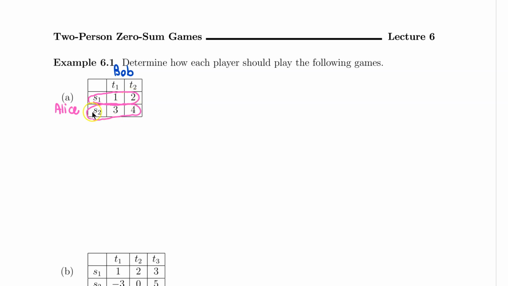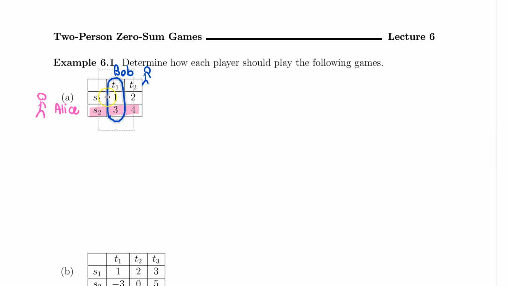So the worst case of the bottom row is already better than the best case of the top row. This means if we were Alice, there's no reason for us to choose the top row because the bottom row is already so much better. But we can analyze it this way as well. If we put ourselves in Alice's shoes and think about what Bob is going to do, if Bob chooses the first column, I should choose the bottom row, because 3 is better than 1.